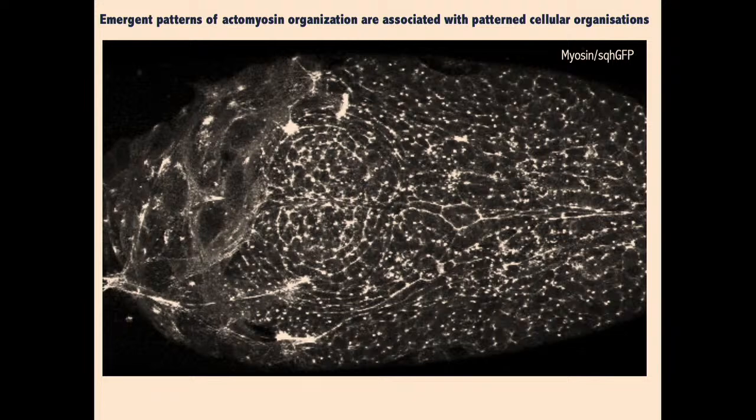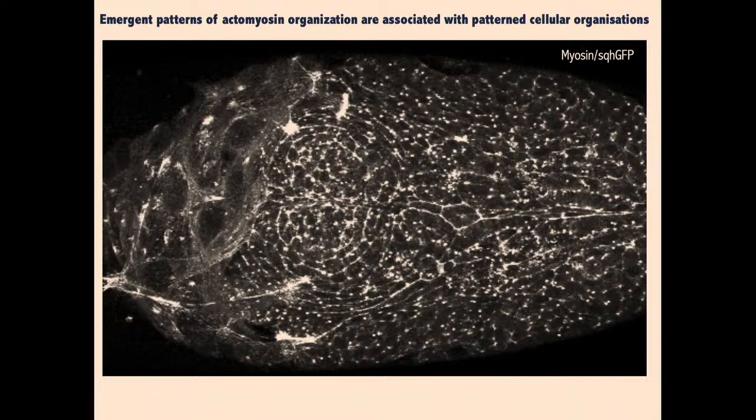Yes, still looking at the germ band, right? So this is marking the actin in the germ band. Sorry, say again, I'm a little hard of hearing. Just one second. Ma'am, just to clarify, we're still looking at the germ band, so myosin SQH GFP has marked the actin cytoskeleton in the germ band, right?